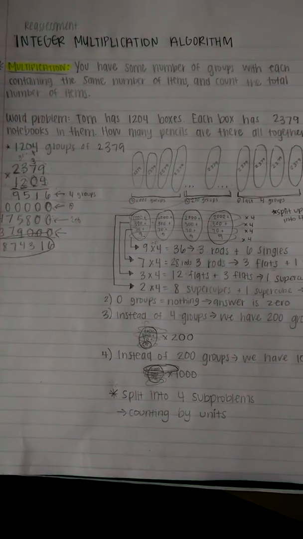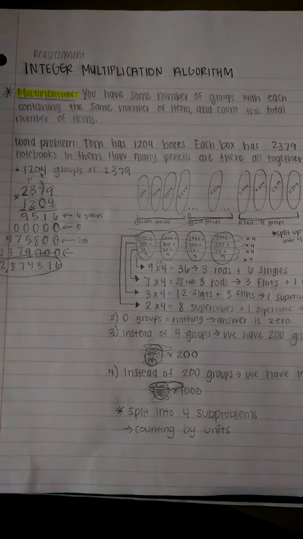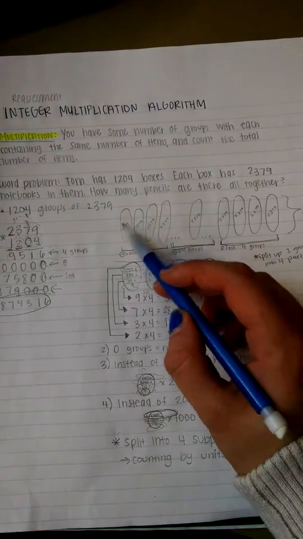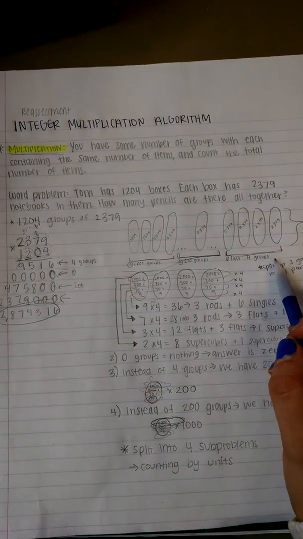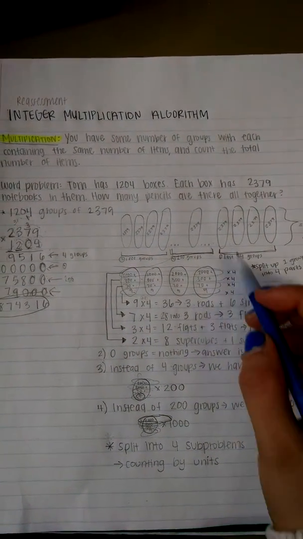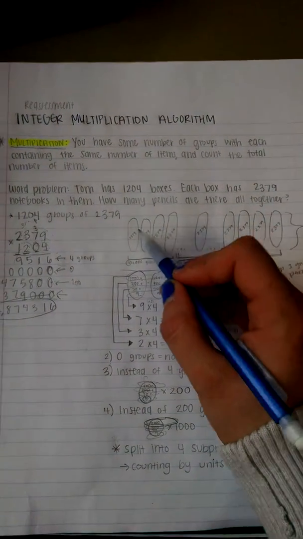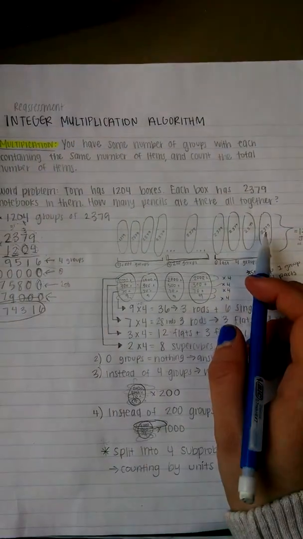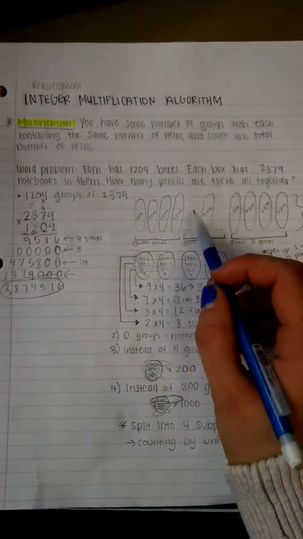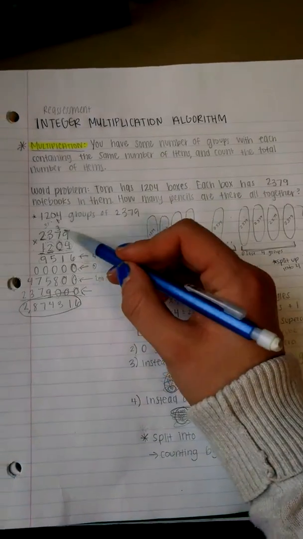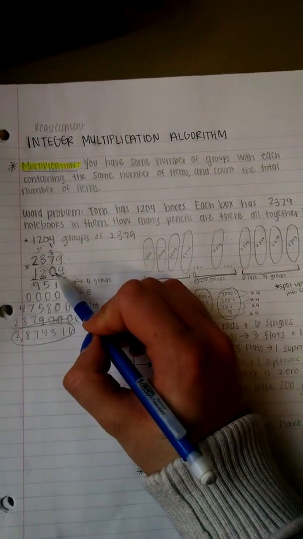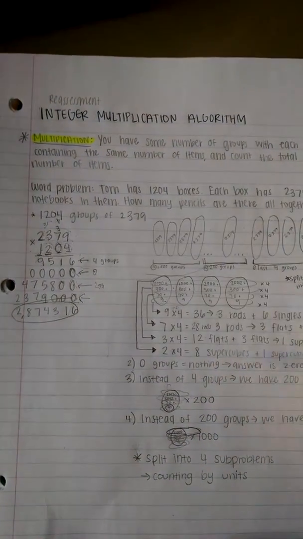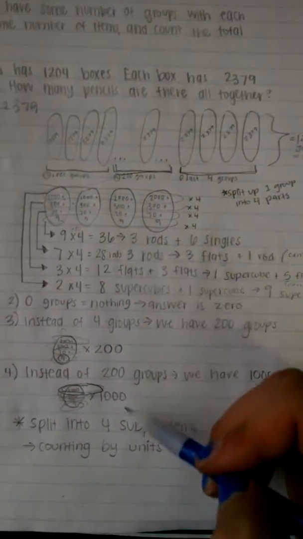So if you go back to the word problem, we had 1,204 boxes, and I drew those boxes out right here. Since we have 2,379 in each box, if you just count it up, which would take forever, we are not counting it up individually; we can multiply each by the 4, by the tens, by the 200s, and by the 1,000s to get the final answer, as we did right here.